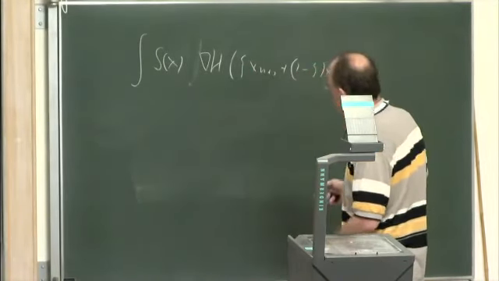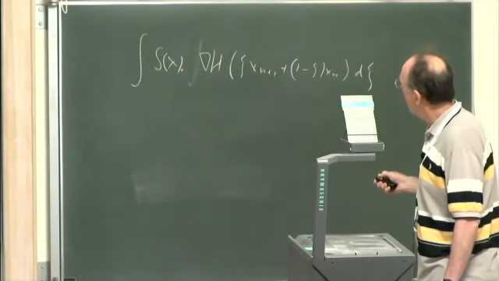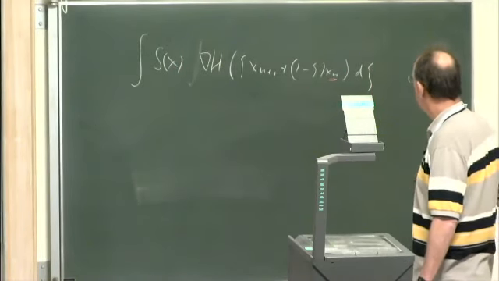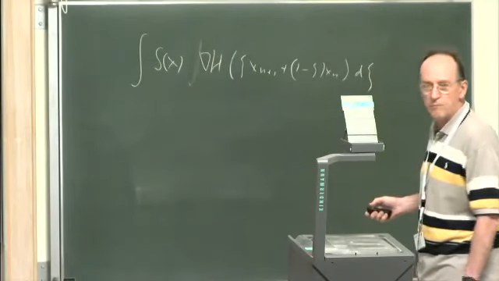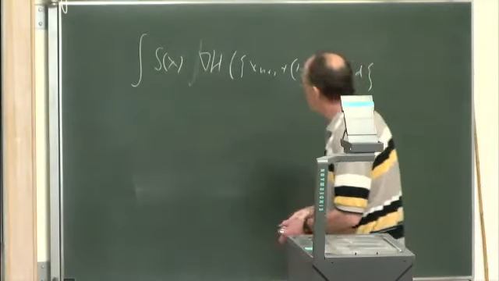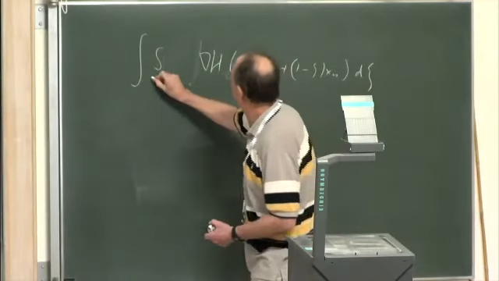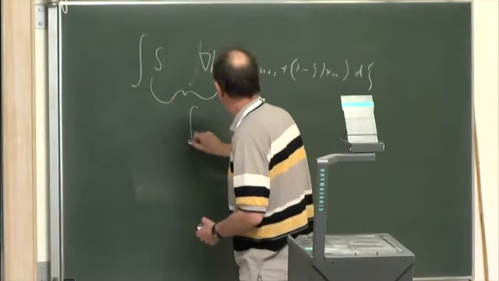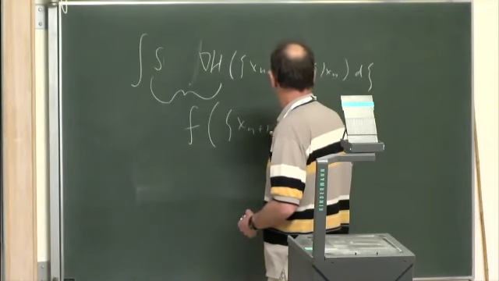If this S depends on x, then you can see the argument here is different from the argument there. So in that case, this product does not represent the vector field. But if this is constant, then this whole expression is nothing else than f evaluated at this point.